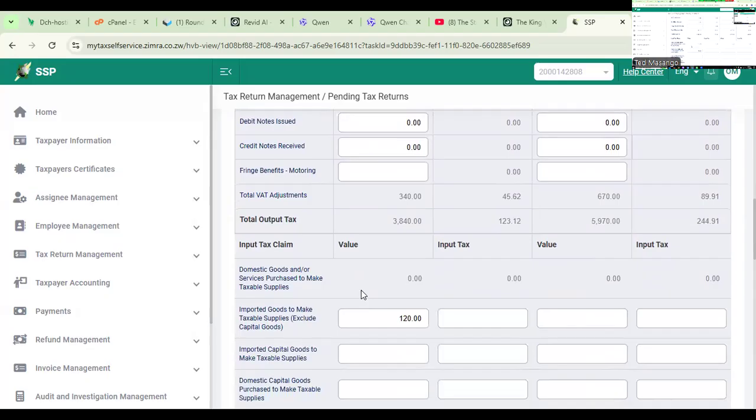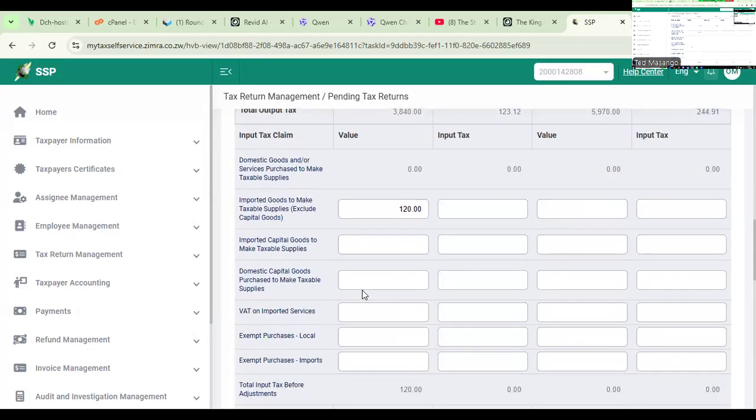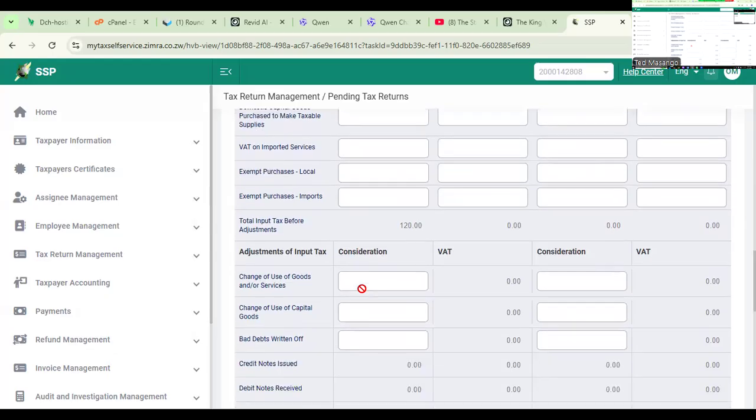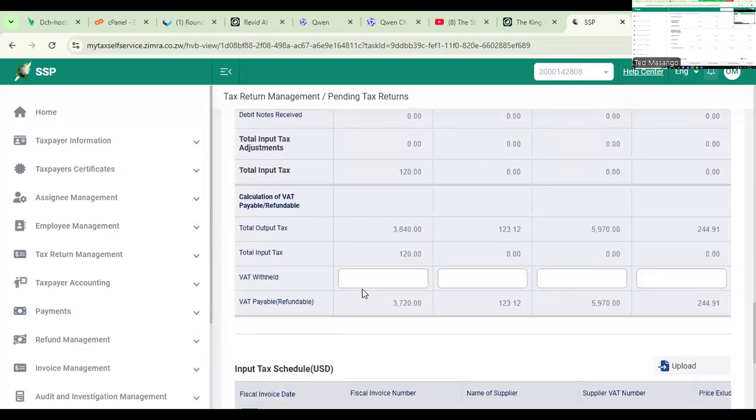You come here, you do the input. Now, when you're doing the input, you are claiming the input based on what you were charged. You must be registered for VAT. The system will do the computation. Then down here, if you supply the company which has been appointed a tax agent and they withheld a third of your VAT component when they were making payment to you, you can claim that down here.